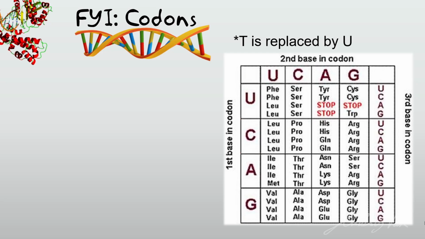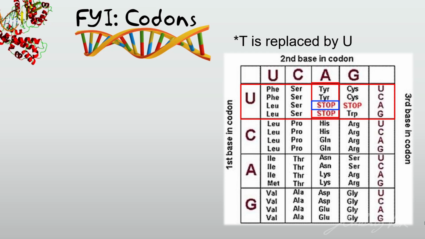So this chart will tell you, depending on the first, second, and third codon, which amino acid the codon will code for. Some codons will code for the same amino acid. So if the first base is U, the second base is A, and the third base is A, for example, it will actually not code for any amino acid.